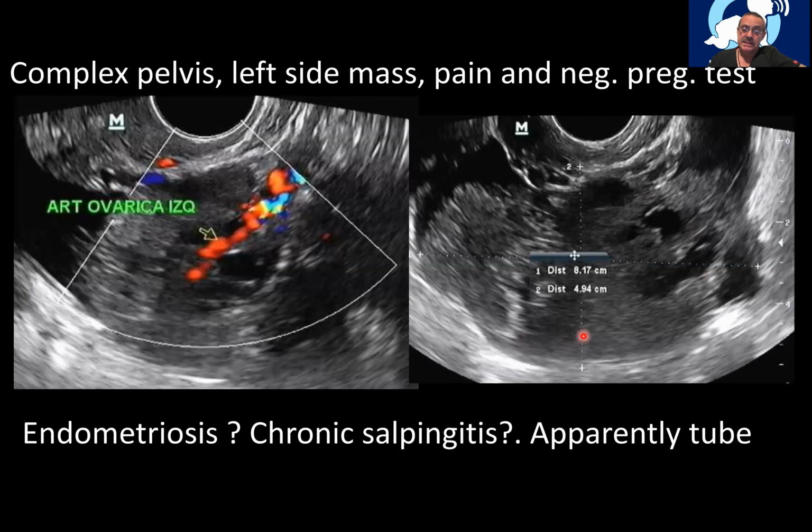What's this? It could be endometriosis. Remember the great mimicker? Chronic pelvic inflammatory disease. Once you do a laparoscopy, you will know. Not an ectopic pregnancy because she had pain and a negative pregnancy test.